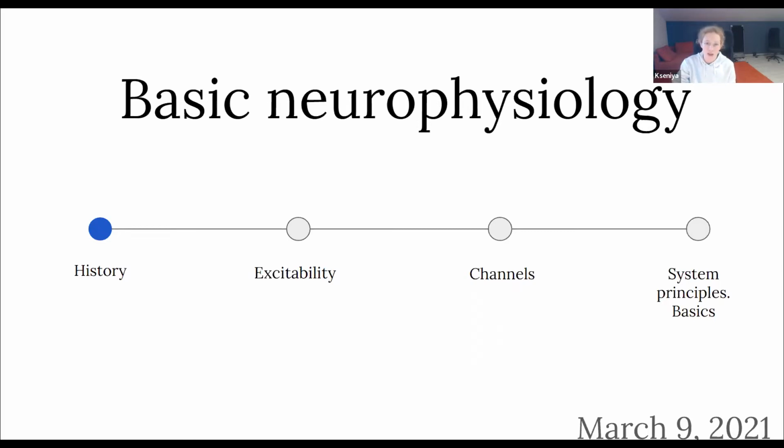The second part is about the excitation of neural cells, how it works. And the third part is about channels and other important membrane molecules that you can find in the neuron. And the last part, a few words about some system principles in the brain.